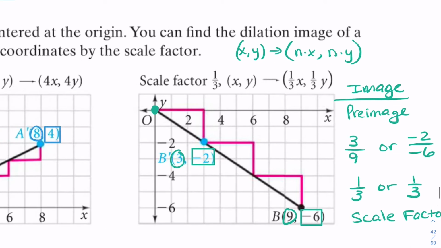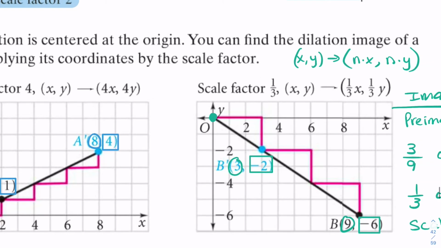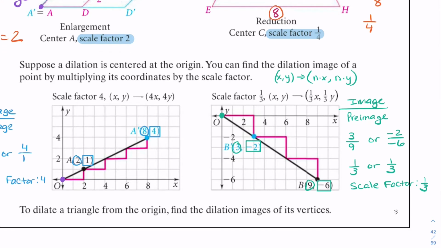Same thing here. n times x or n times y is your scale factor times your x coordinate and your y coordinate. Because let's look: 2 times 4 will be 8, and 1 times 4 will be 4.